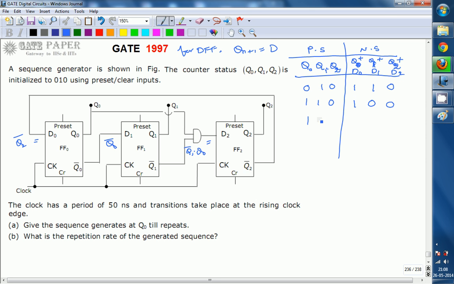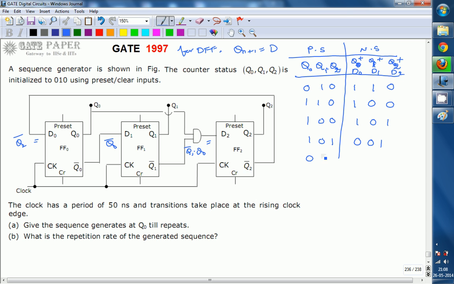Now 100 is the present state. For this 100, you get the 101 state. For 101, using the equations of D0, D1, D2, you get 001 as the next state.